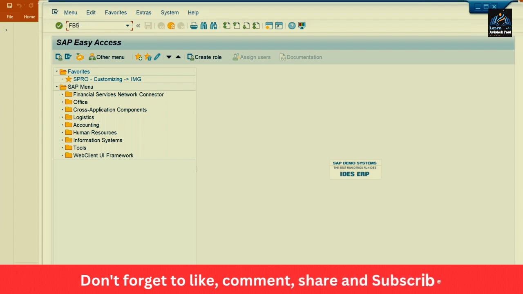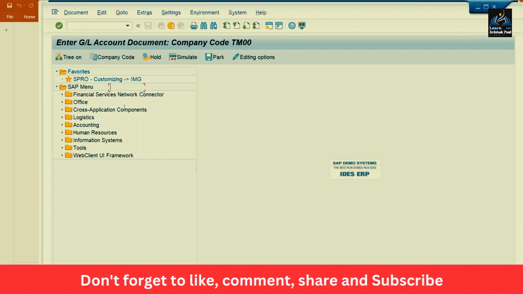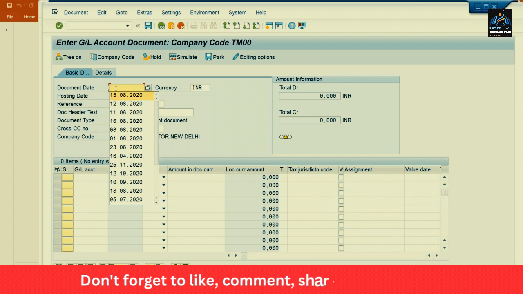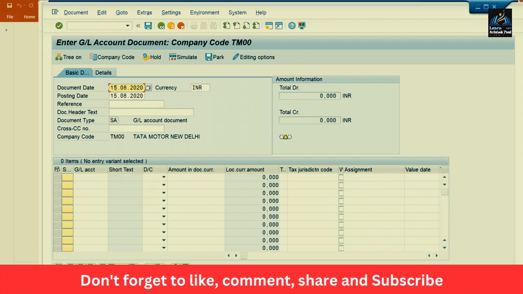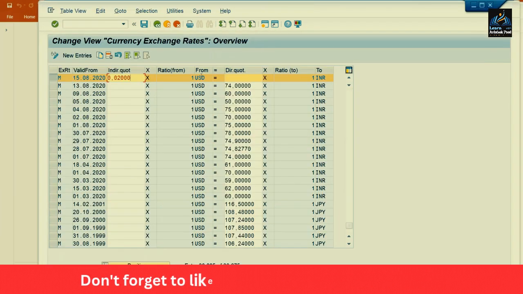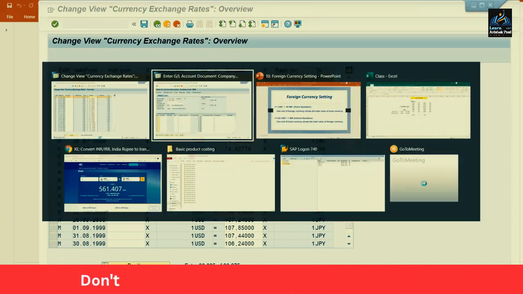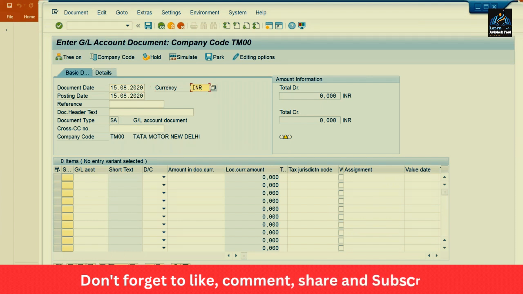This example generally I don't quote because it can create some confusion. That is why I quote the example in different currencies so that you'll be able to understand. Again here, let's suppose I have specified 0.02 USD equals 1 Indian currency.